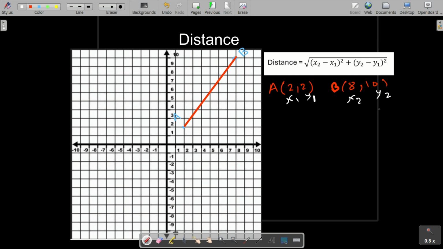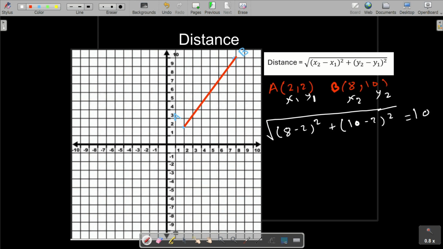Let's do that together. So x2 minus x1, which means 8 minus 2 squared, plus y2 minus y1, which is 10 minus 2 squared. You will calculate that on the calculator, and the answer is going to be 10.